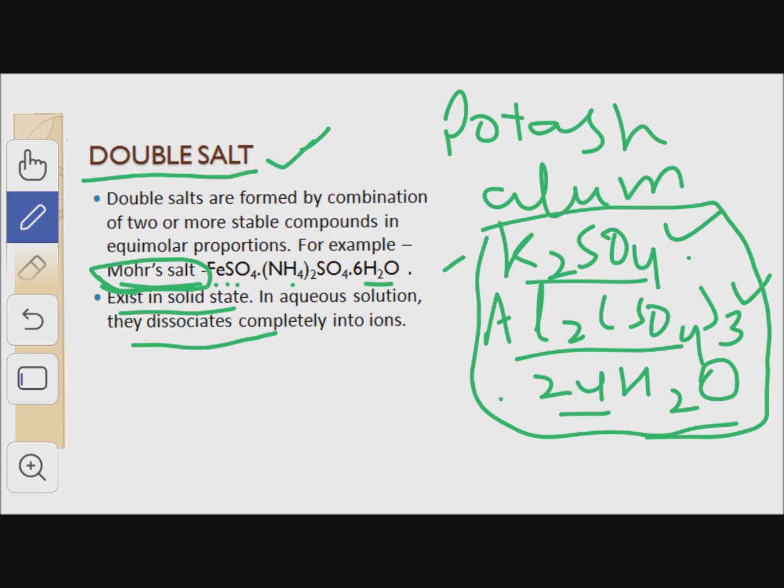Here in the case of FeSO4, its valency is +2. And double salts lose their identity in solution because they dissociate completely into their ions in aqueous solution. That's why they lose their identity.